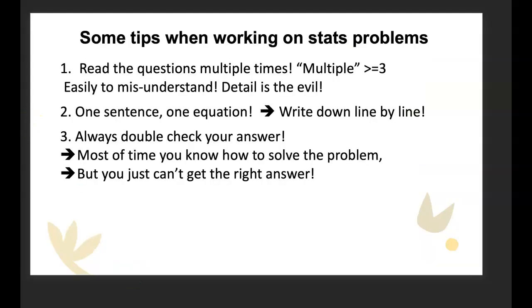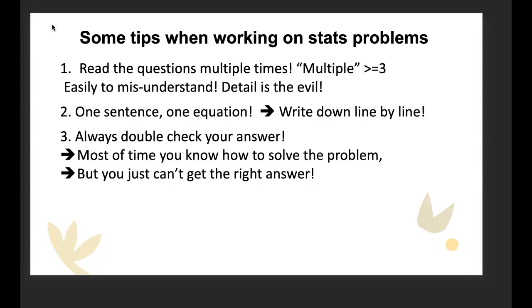Also, I want to offer some tips when we are calculating those stats problems. Everyone, you want to read the question multiple times. In my experience, if you don't pay attention to those details, most likely you will get into trouble. The second one: one sentence, one equation. You want to write down what you are getting from each equation line by line. Slow is fast.